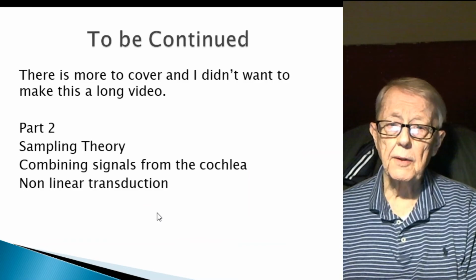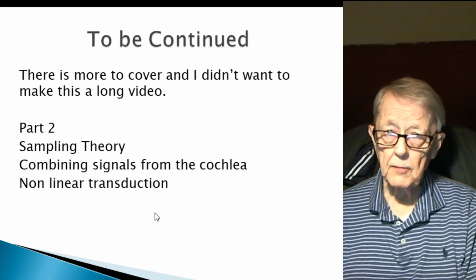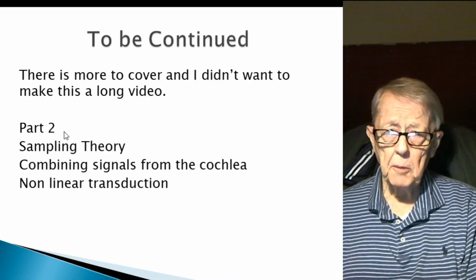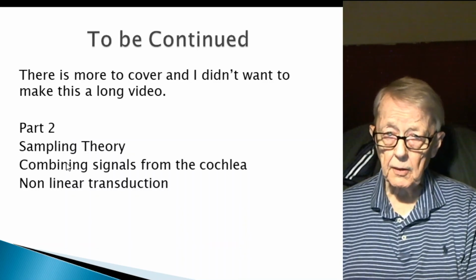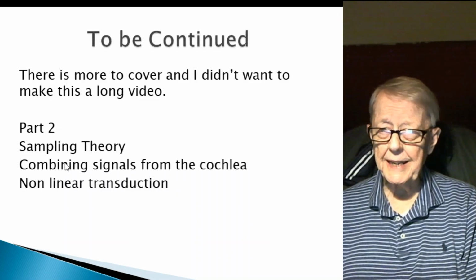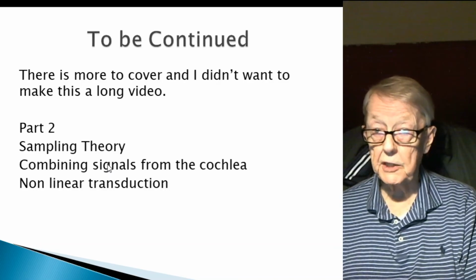Okay, well, this is the end of this first part. I'm going to continue on. I didn't want to make this video too long. Part 2 will be next, and I'm going to cover sampling theory, how the signals are combined from the cochlea in the brain, at least I'm going to suggest that.